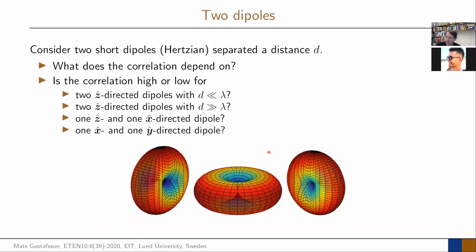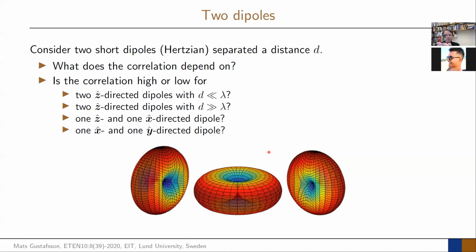So say we have two dipoles, two half-wavelength dipole antennas, probably Hertzian as driven there, but it doesn't really matter. If you put them somewhere here, when are they correlated and when is the correlation low? If I take two dipoles and move them closer and closer, this one radiates one donut, this one radiates one donut, and if I put them close together, they basically radiate exactly the same pattern.